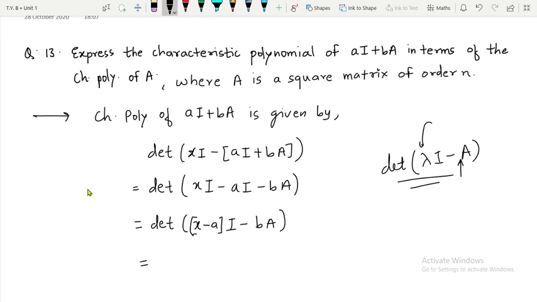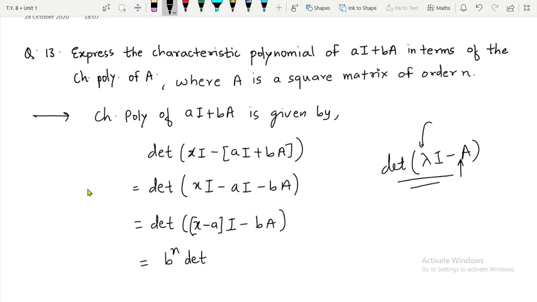Since I am taking b out of the determinant sign, how many times will it come out? Since we are dealing with a determinant, we are taking it out from each row, or from each column. So it will come out n times, so it will be b raised to n.